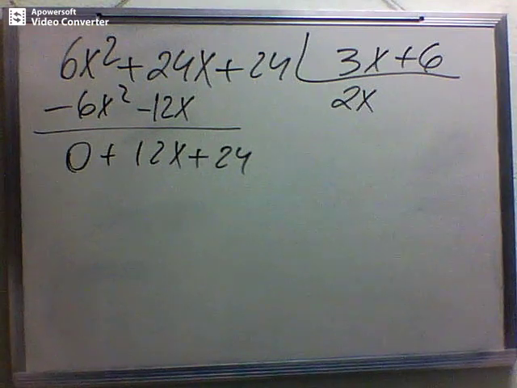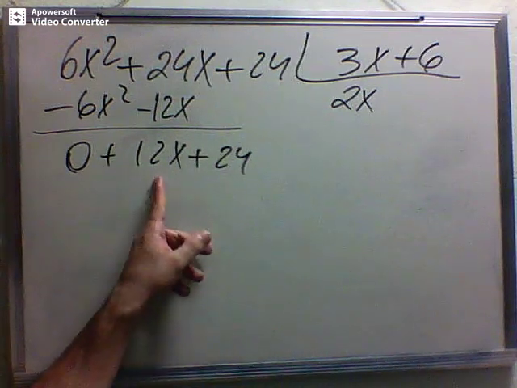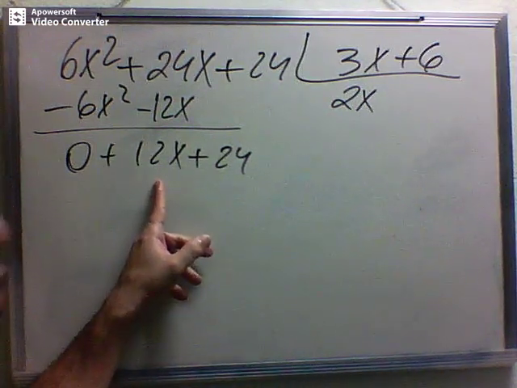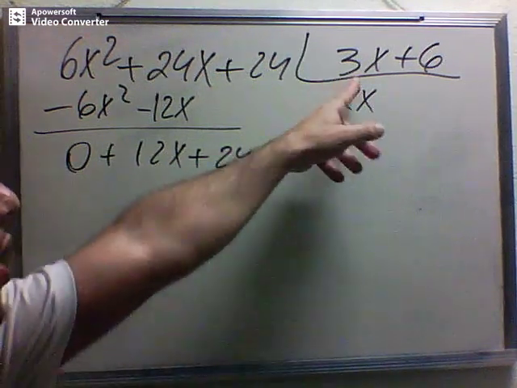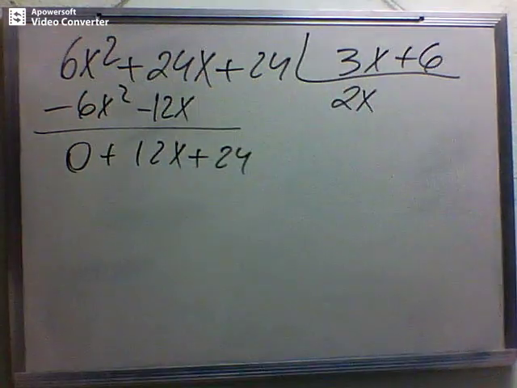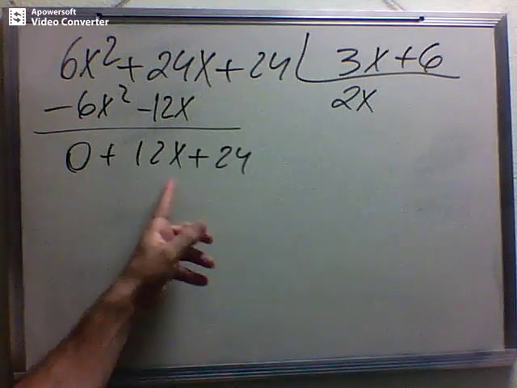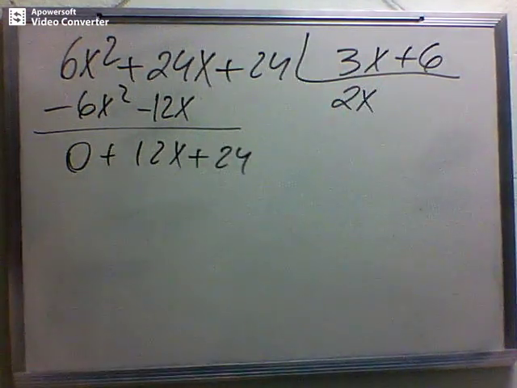Okay, we're going to do the same. If you didn't follow the first stage, try to follow it now. I have 12x here. 12 divided by 3 is 4. Okay, and x divided by x is 1.